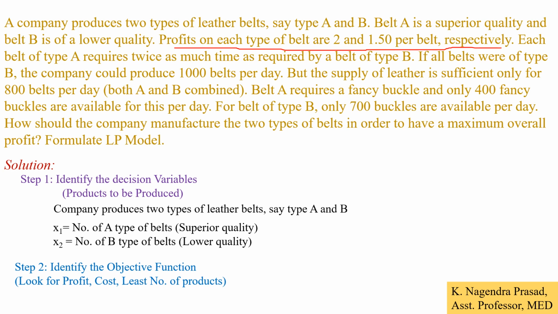And it is also given that we must maximize the overall profit. So here the objective function is profit. Let us consider profit as Z, and we have to maximize it. So the objective function is maximize Z equal to 2x1 plus 1.5x2.